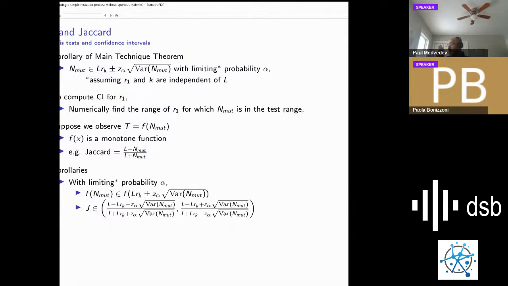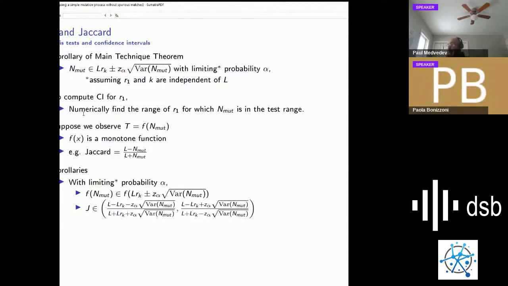And so we could solve this equation for R1, and then we would get a confidence interval, but that's algebraically difficult, and we didn't pursue that. So instead, we just numerically find the range of R1 for which the observed nmut is in this test range. And in our paper, we have a proof of why this works.